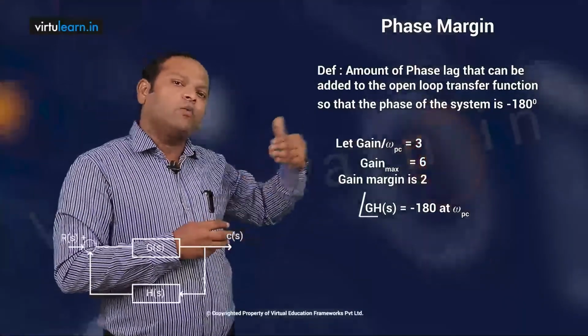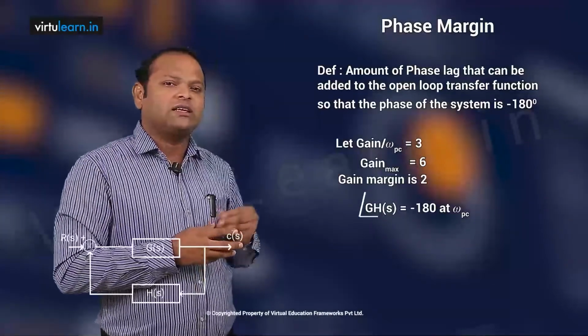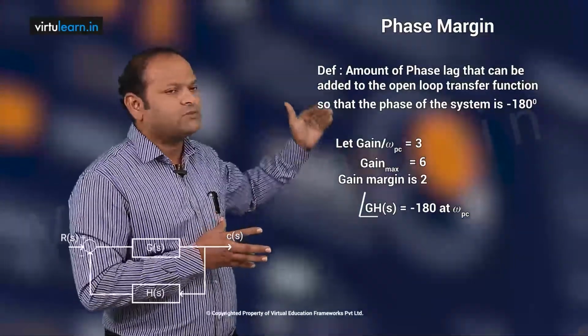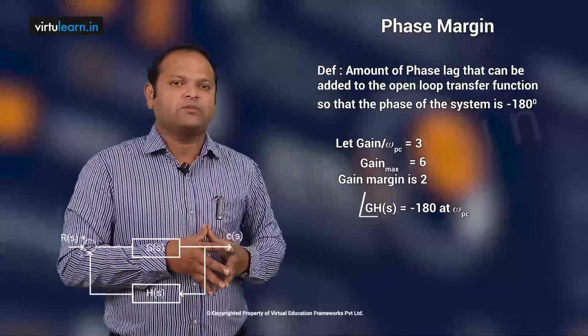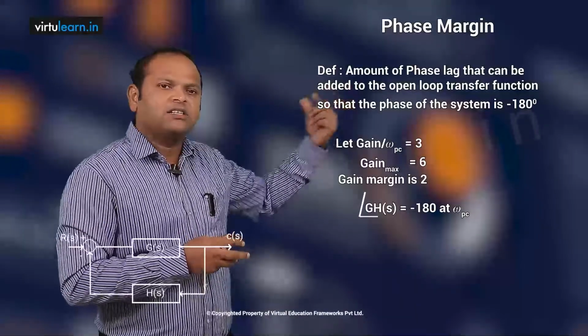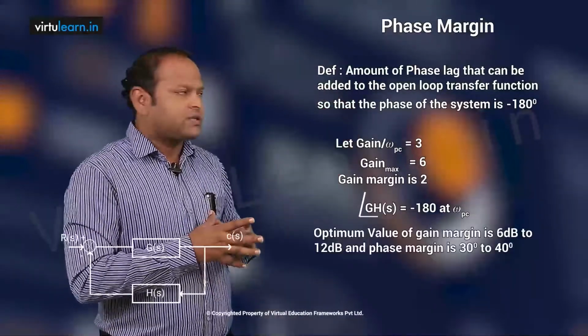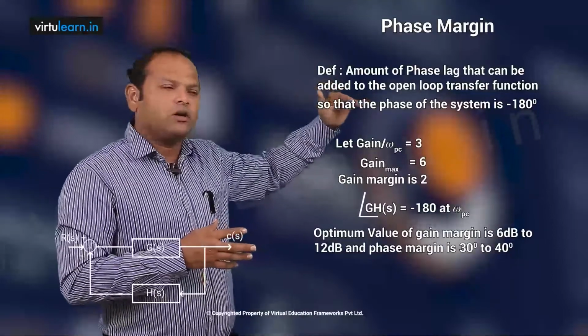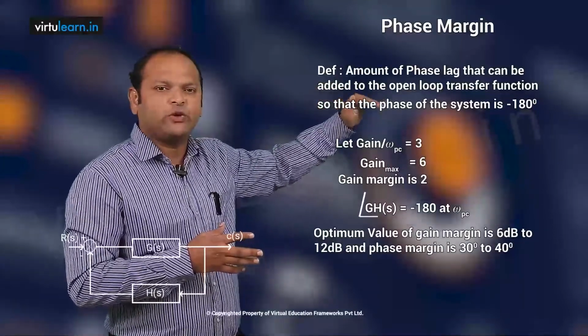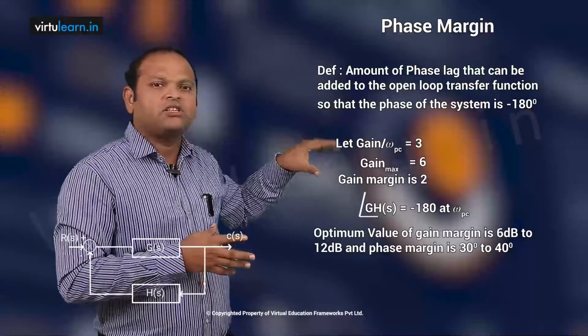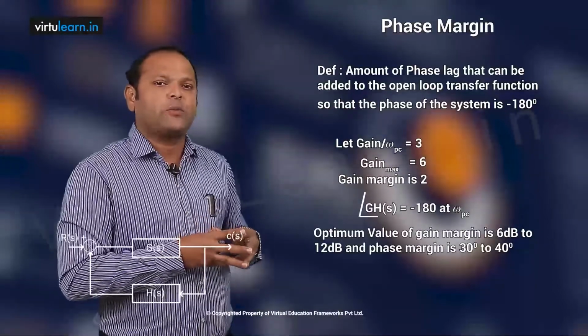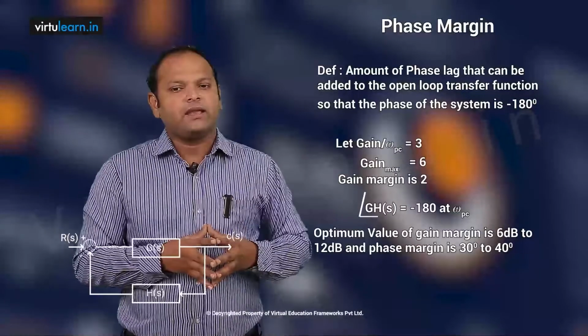But there is another problem: the system response may be sluggish sometimes. So we have a certain range of optimal values. Say my gain margin is around 6 dB to 12 dB, and my phase margin is around 30 degrees to 40 degrees for optimum values when you are designing any system.